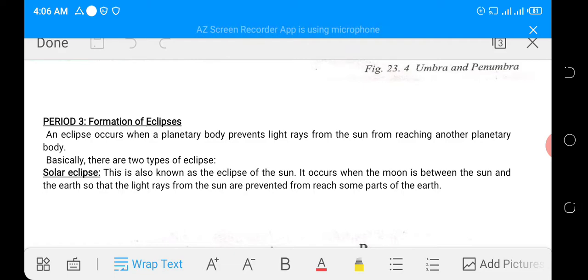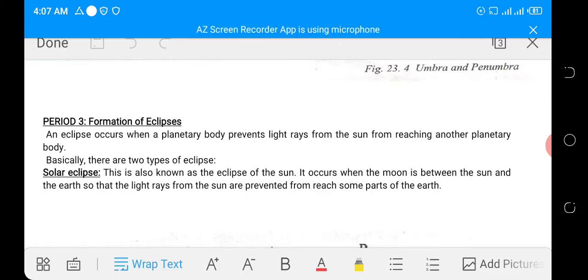Before I show you the diagram, we all know that all the planets move around the sun, and the earth has one satellite, which is the moon, and the moon moves around the earth. So there will be a point that the moon, the sun, and the earth will be on a straight line. This shows that the moon will now come in between the sun and the earth.